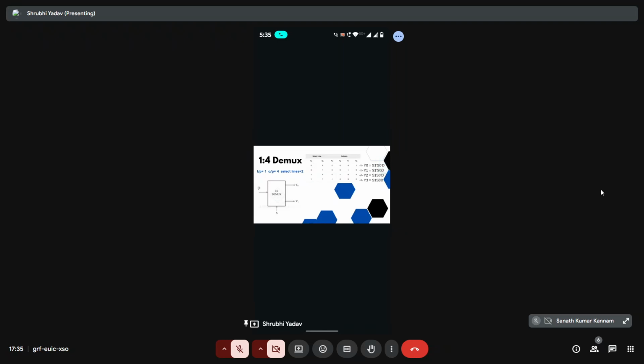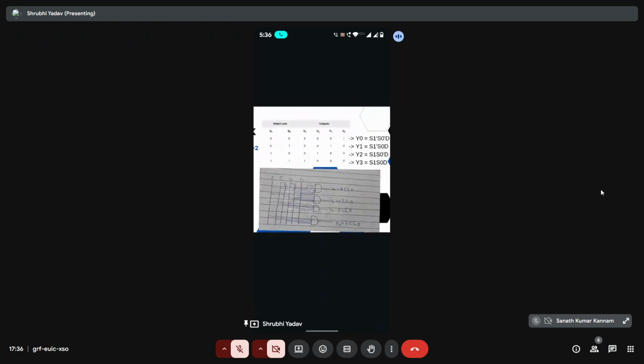So we can get the equations as Y0 equals S1 bar S0 bar D, Y1 equals S1 bar S0 D, Y2 equals S1 S0 bar D, and Y3 equals S1 S0 D. So the logic diagram will be like this.